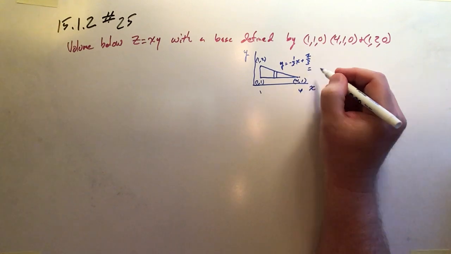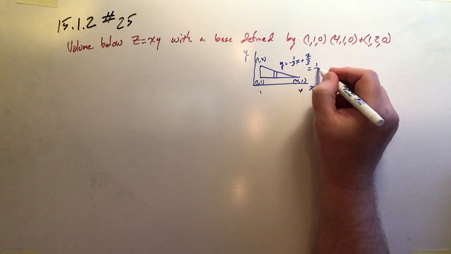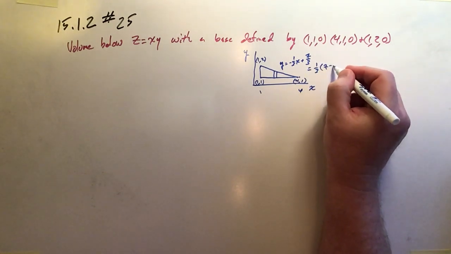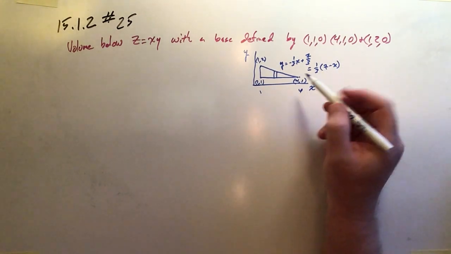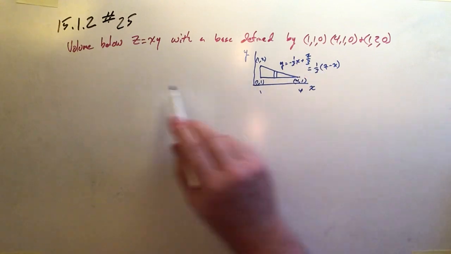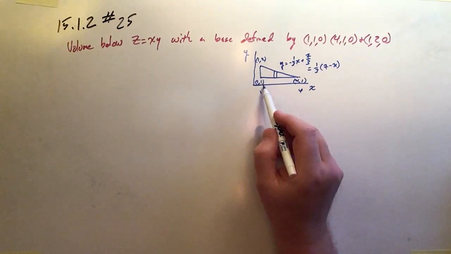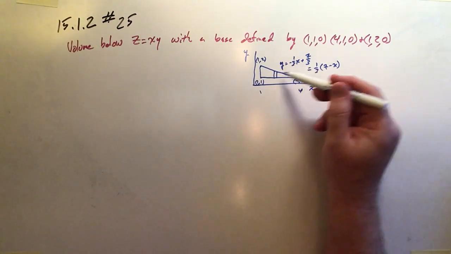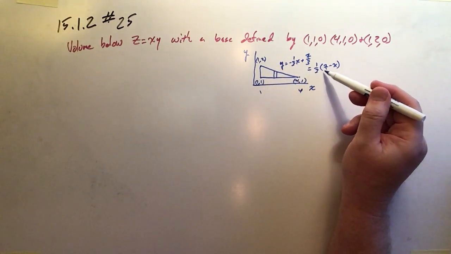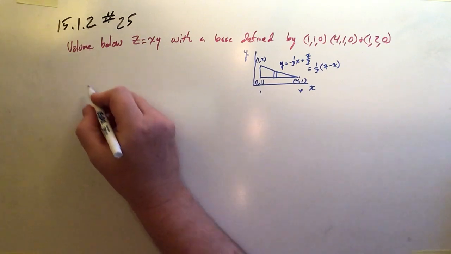So we can simplify that as a function. It's 1/3 times (7 minus x). So that's probably the easiest bound to plug in. So there it is. In order to integrate, again, this becomes our cap, and our base is defined by x between 1 and 4, and y between 1 and the top of the line, 1/3 of (7 minus x). So here are the integrals.